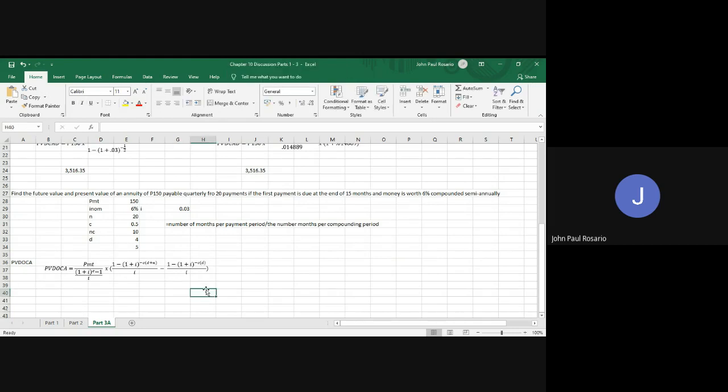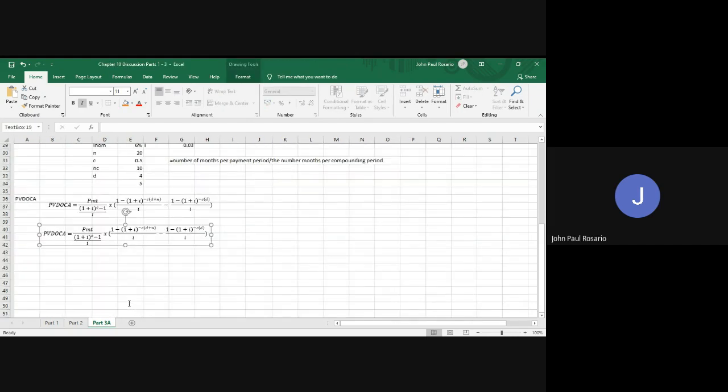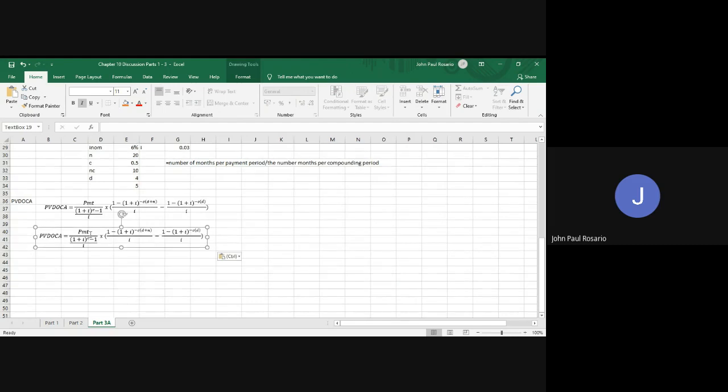Now, can we simplify it? Okay, so yes, we can. So how can we simplify it, sir? Okay, let's do it this way. Let's transform this into two separate equations. We transform the division sign into a multiplication sign by inverting this lower part.